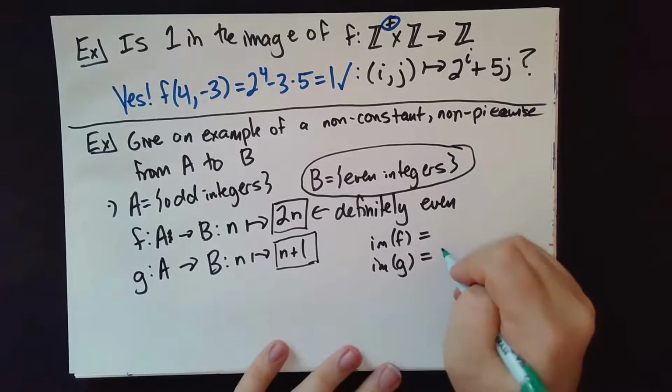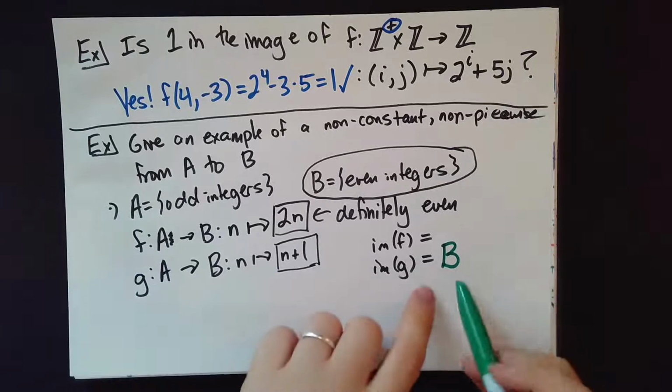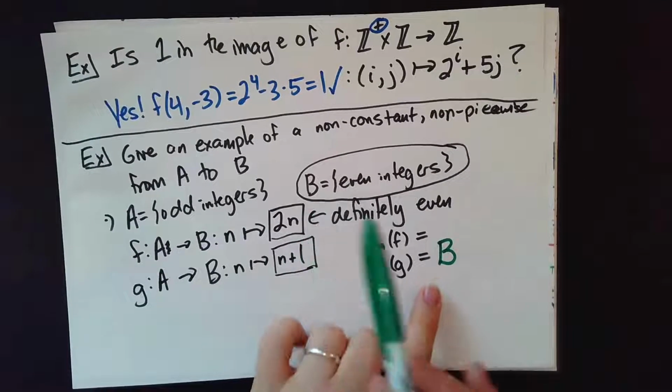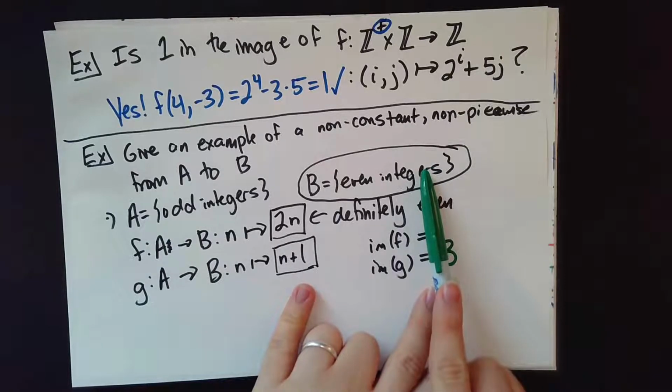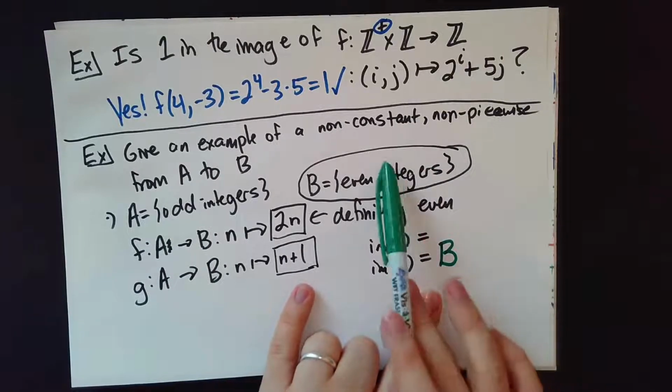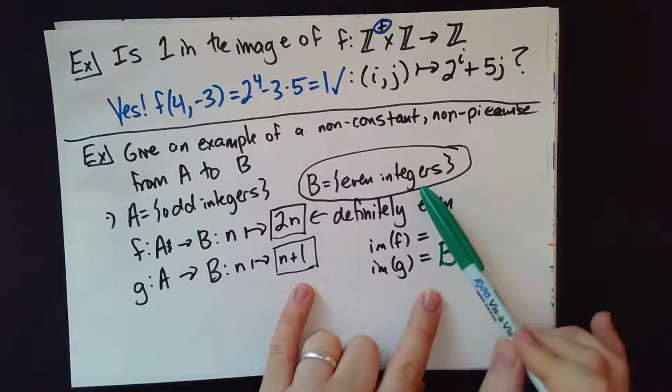Okay, so this is b. Every even integer is one more than an odd integer. And so here the image is as large as it could possibly be, right? I'm looking at a function from the set of odd integers to even integers. And so the image has to be a subset of the set of even integers, and in this case, it's the subset that is all of the even integers.